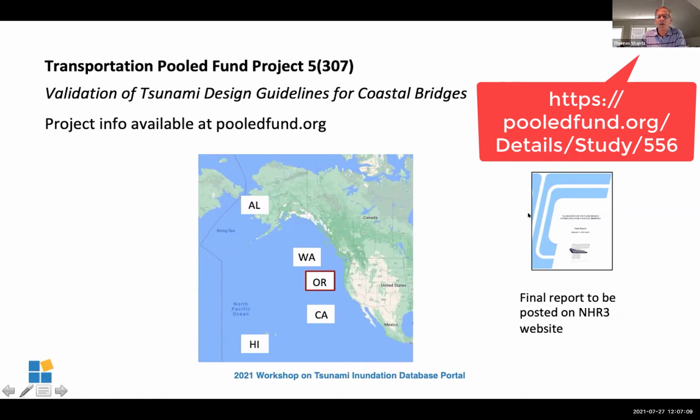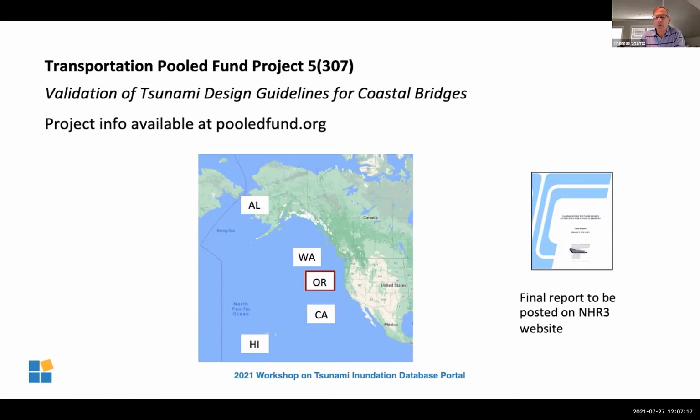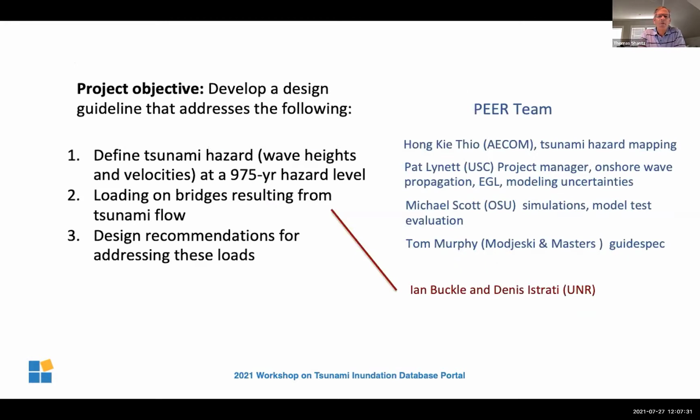It provides a lot of the technical discussion of some of the issues that you're going to hear about today. My hope is that we will also post a link to the final report from the web portal website as well. The objective of the Pooled Fund project really had three components.